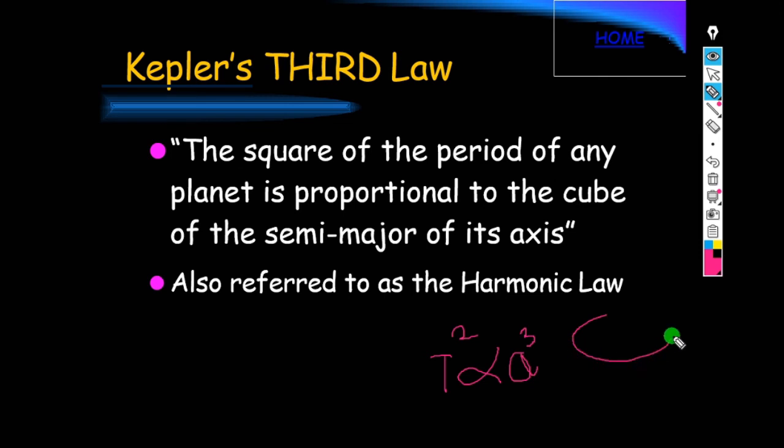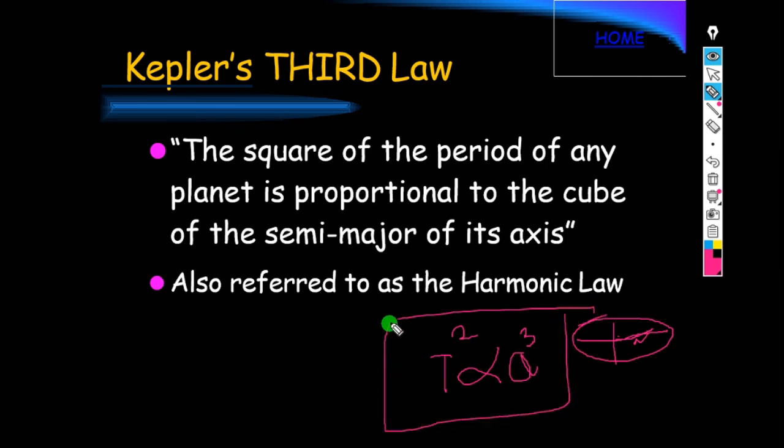I have told you this is the major axis, and the semi-major axis is half of the major axis, that is this distance is a. So T squared is directly proportional to a cubed. This law is also referred to as the harmonic law.